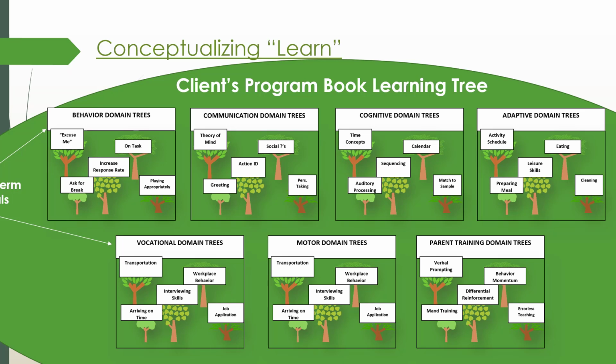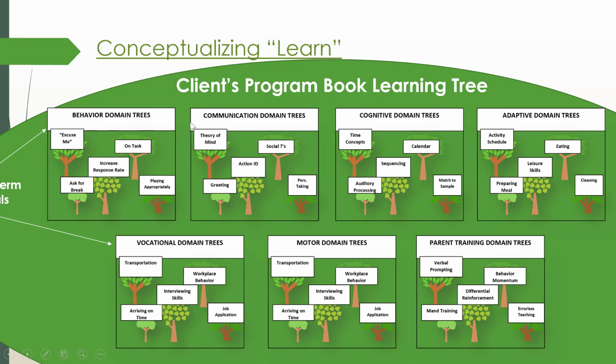In this conceptualization of Learn, we go up one more level, and our individualized programs are categorized by domain. So you can see here we have a behavior domain, and all your behavior programs are going to be in that domain, in that learning tree. So it's a larger tree and branches.